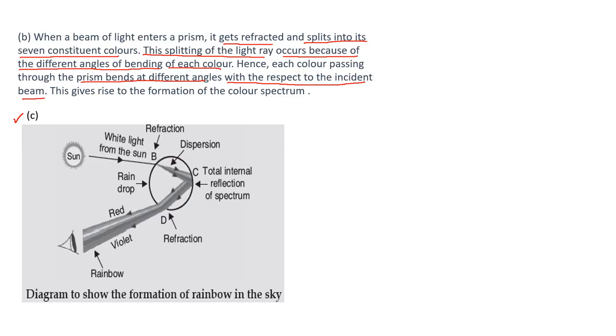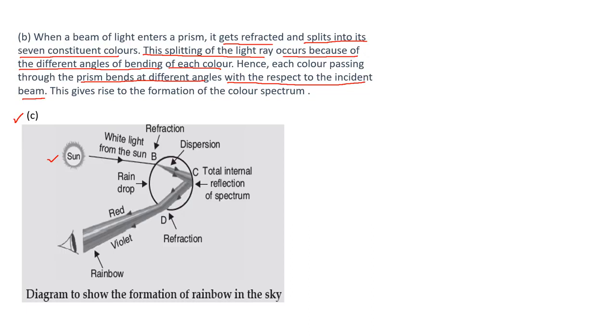But there are 2 conditions necessary for the formation of a rainbow. First of all, the sun must be behind the observer, and there should be a presence of water droplets in the atmosphere.